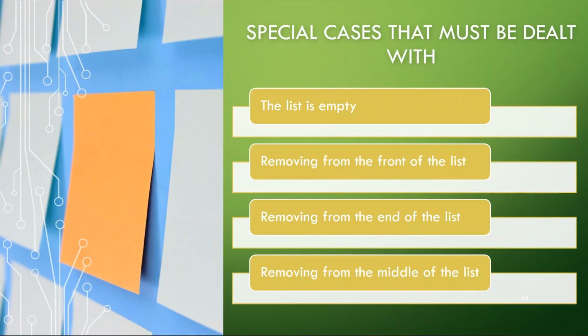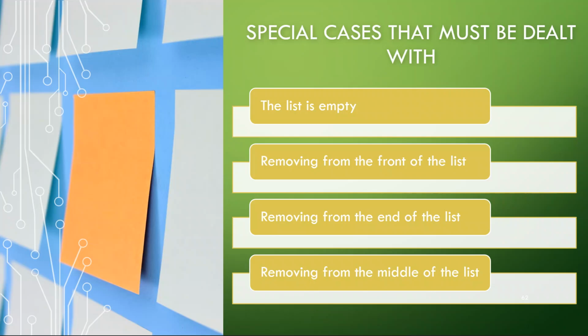Now, an issue with remove is there's a bunch of special cases, just like the add. We have a remove at, in this case, so it's given an index. We have to worry about whether this index is within bounds, and if it isn't, we need to just exit out, but we have something that can help us with that. We also have to worry about the list being empty. Removing from the front of the list, so what if the index they give is the actual start of the list?